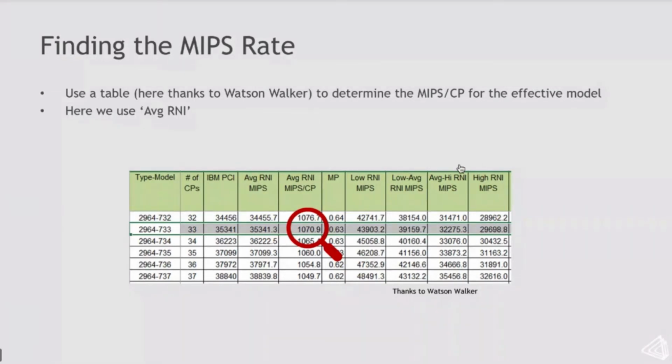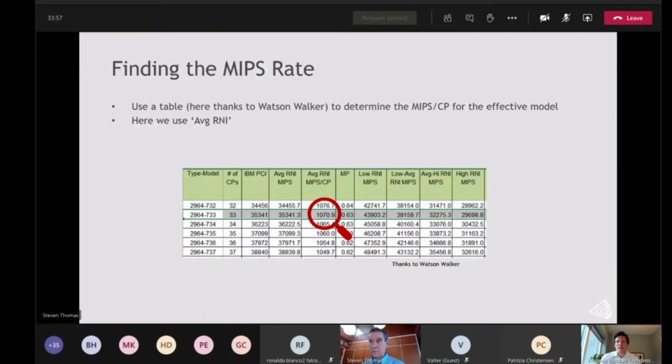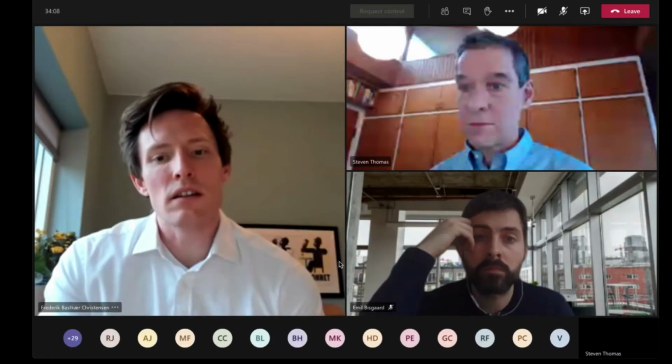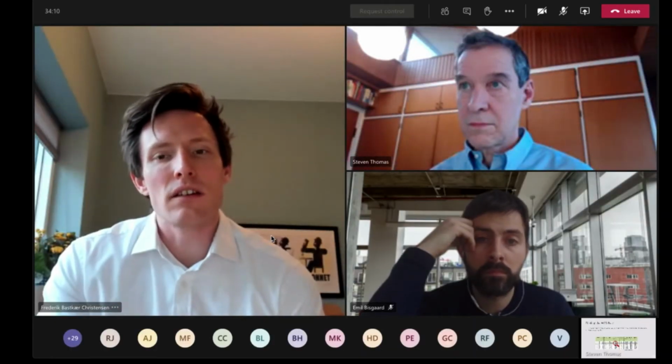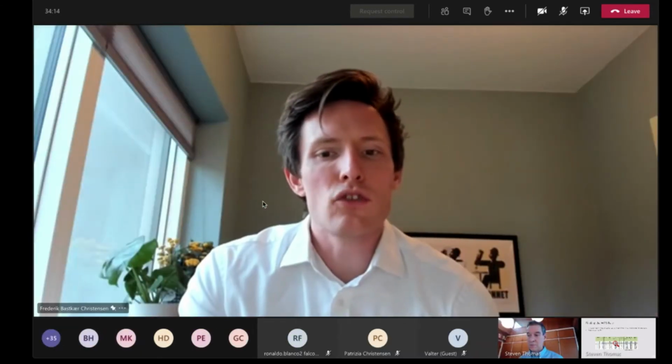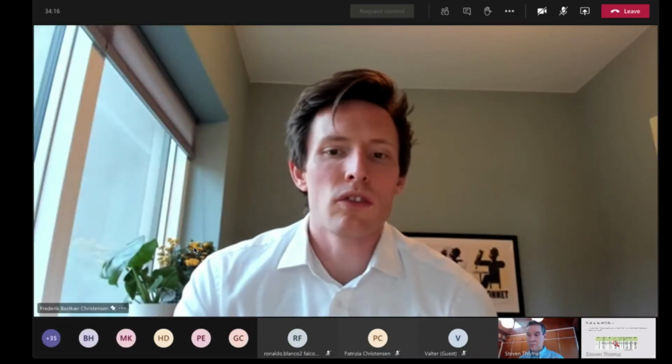I think Stephen will also confirm that we've had quite a lot of less productive cases where this language was unclear, and the whole discussion around the MIPS rate and sizing of that has a huge impact on the overall costs.